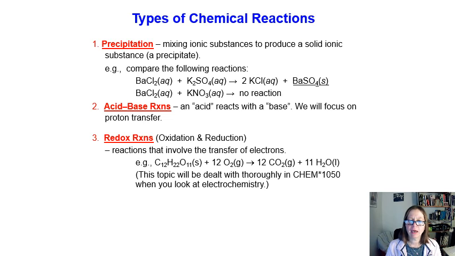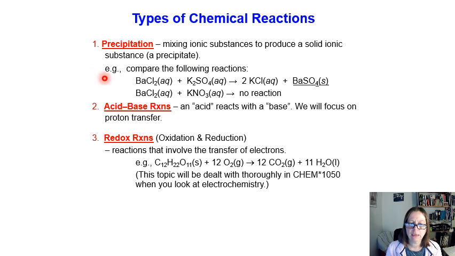There are three types of chemical reactions. First, we have precipitation reactions, in which we are mixing ionic substances that are soluble in water, which upon combination with one another will produce a solid ionic substance that will precipitate out of solution.